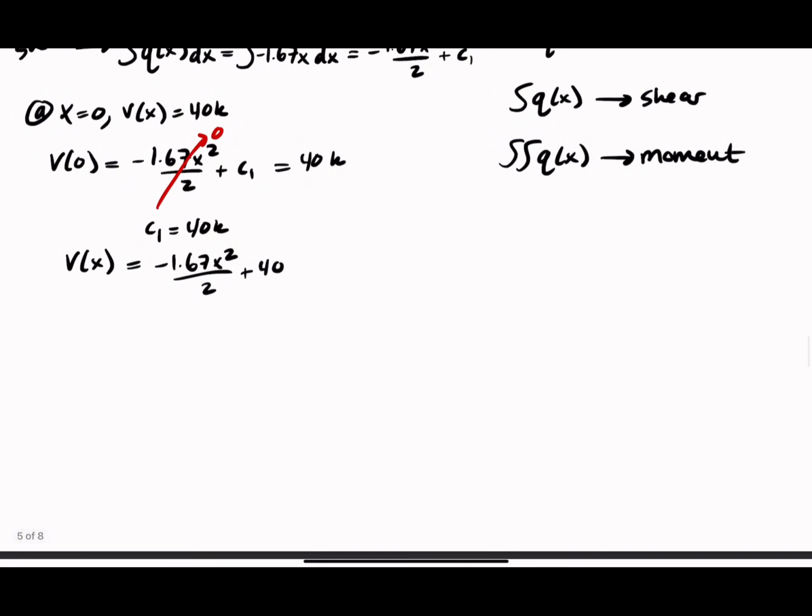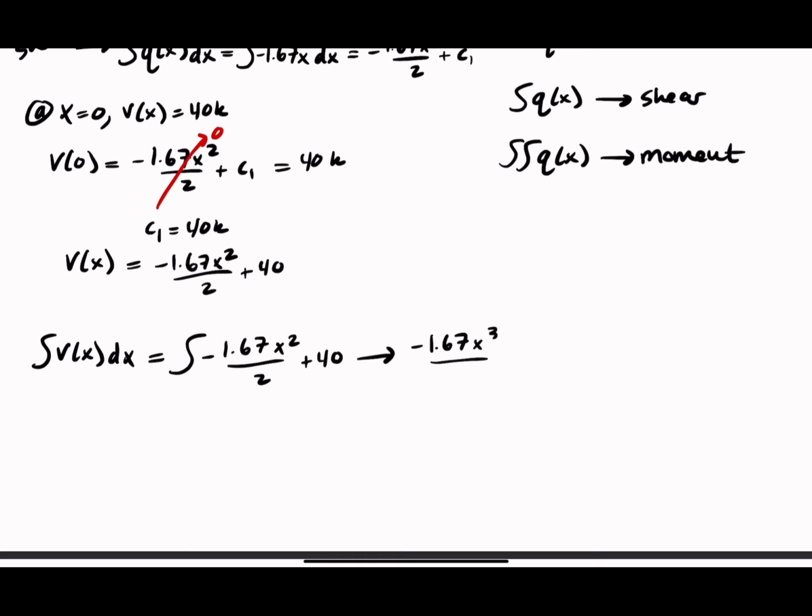Let's integrate this V of x function, negative 1.67 x squared over 2 plus 40, and that becomes negative 1.67 x cubed over 6 plus 40x plus C2, a new constant of integration that we need to solve for.